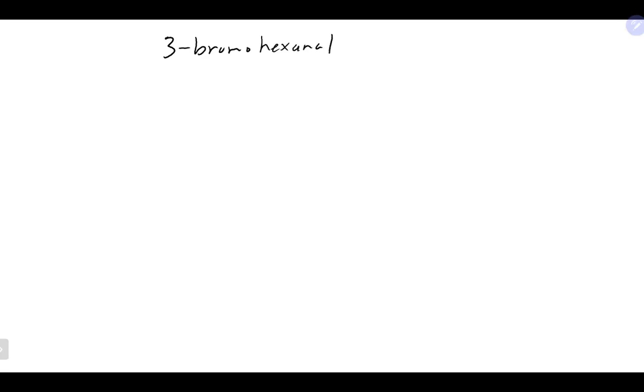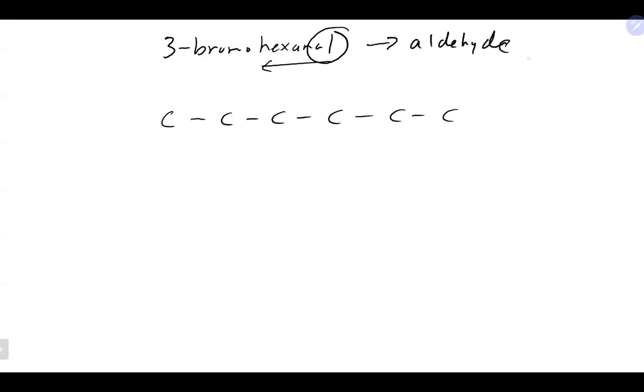So if we were going to draw this one, we will go backwards. Hexane tells us 6 carbons, so that's what we would start with. Get 6: 1, 2, 3, 4, 5, 6. Al tells us it's an aldehyde, which we know the functional group is this.